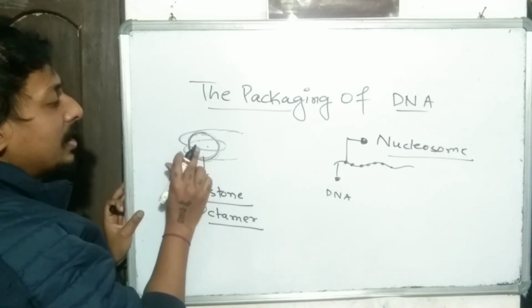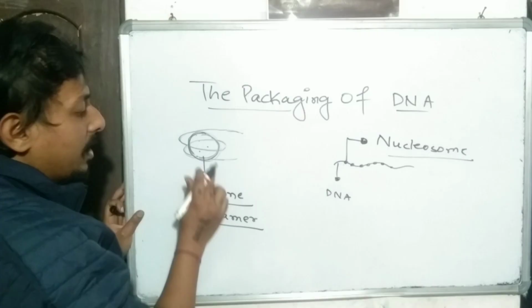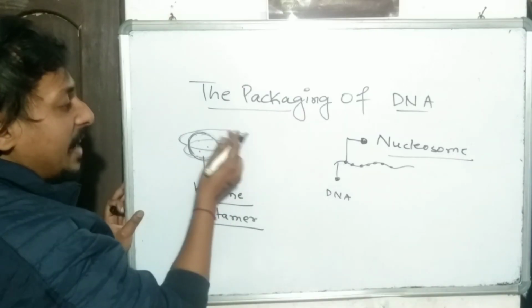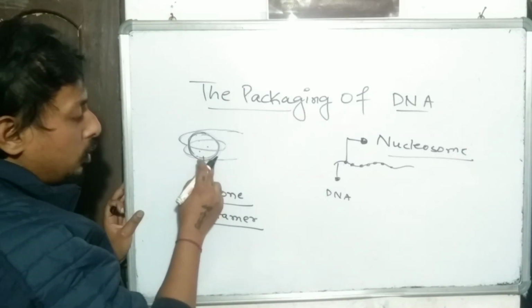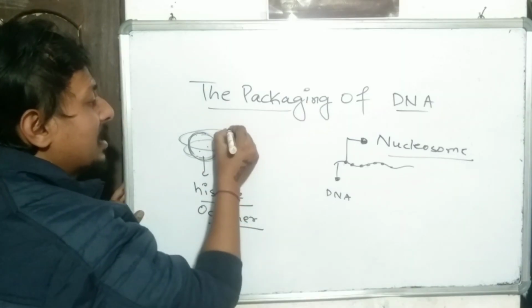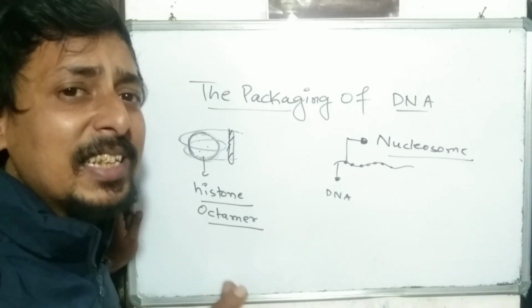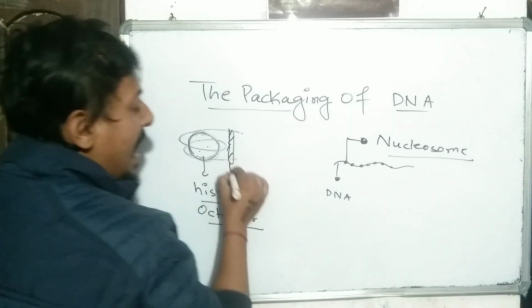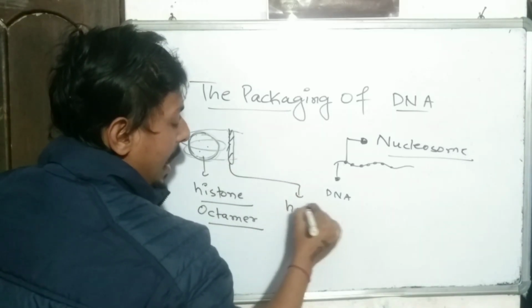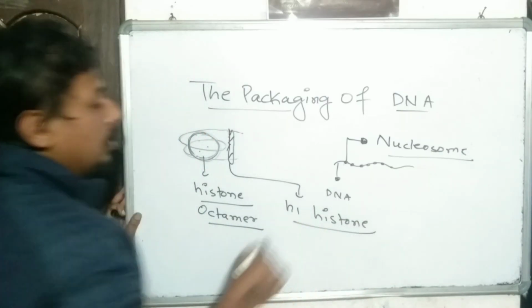Number one is the histone protein on which the DNA wraps, called the histone octamer. And the one which links this wrapping, which seals this wrapping, is called H1 histone. So we have two kinds of histone.